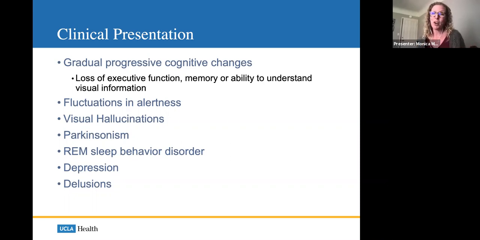Maybe the partner's legs are covered in bruises because their loved one is kicking them at night, or the partner has now gone to sleep in another room because of the thrashing that is occurring at night. These are actually some of the presentations that would allow a clinician to diagnose this as Lewy body as opposed to something else. Depression obviously is going to come into play with all types of dementias, and then also some forms of delusions as well.